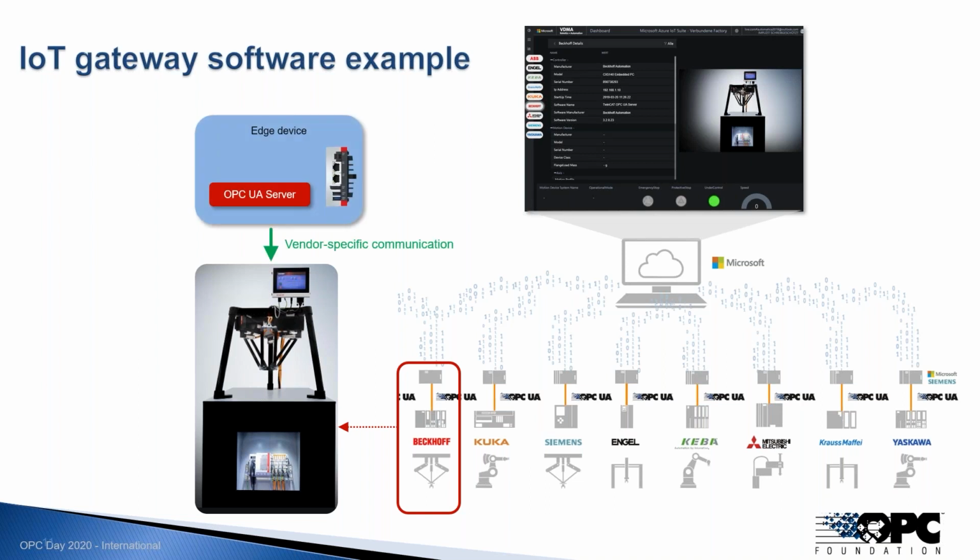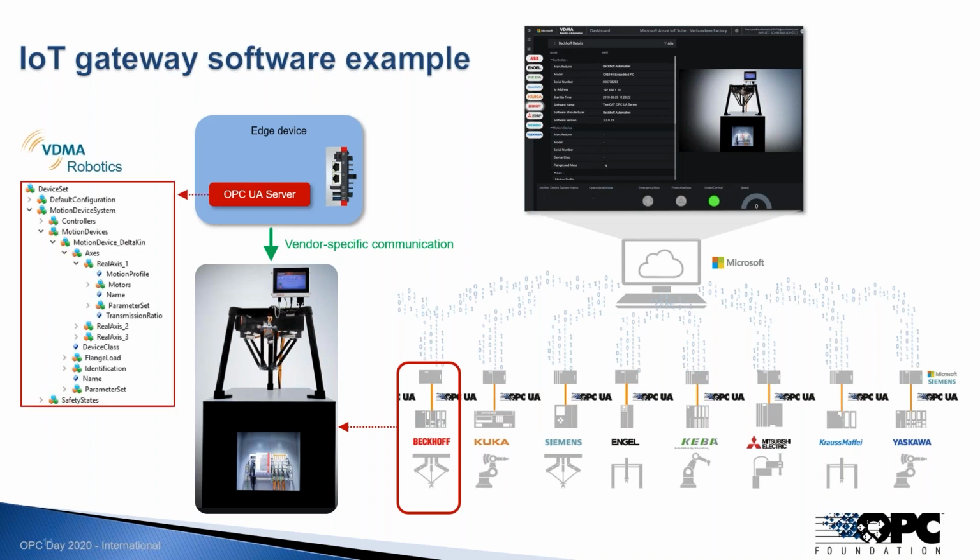What we have done then is put an edge device in front of this machine, using an OPC UA server as a component on the edge device, talking vendor-specific to the lower side, and providing an OPC UA companion specification compliant information model via the VDMA robotics companion specification.